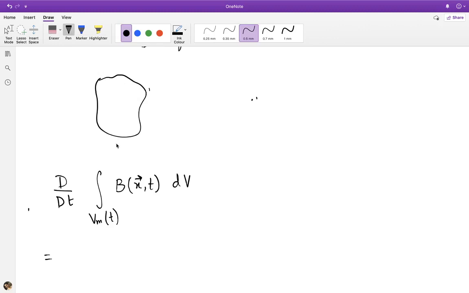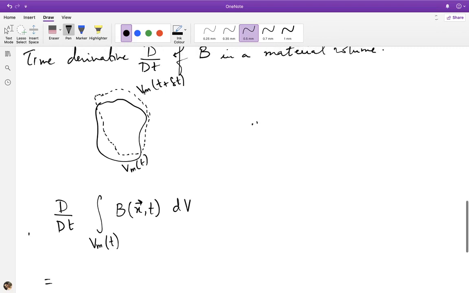Okay, so this is a material volume at some time t, and this volume changes slightly to some nearby form. I'm exaggerating the difference, of course. So this dotted line is Vm at time t plus delta t. The solid line is at time t, and the dashed line is the material volume at time t plus delta t. And B, of course, is defined everywhere as a function of x.